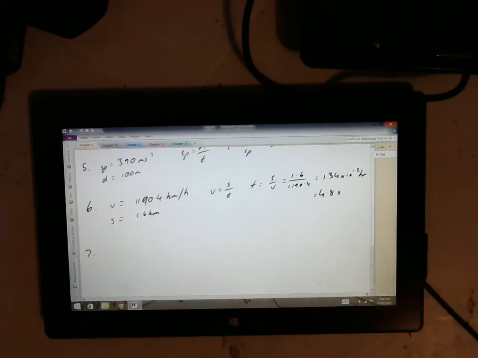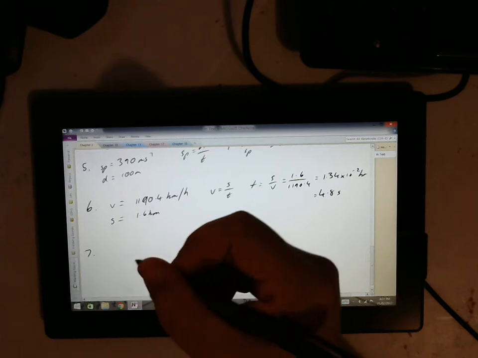Question 7. A person rides a bicycle to a shop by travelling 300 metres north along a straight road, then travels west for another 400 metres. If the trip takes 3 minutes, find the average speed and the average velocity. In this case we are emphasising the difference between displacement and distance. So let's write out the things that we know.